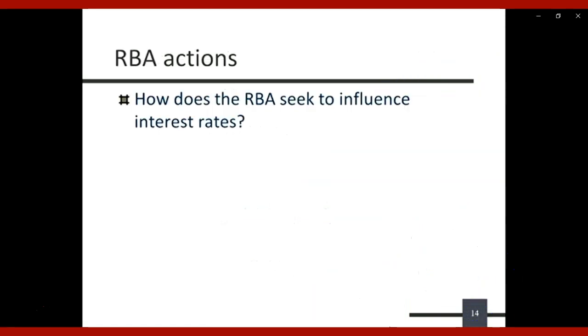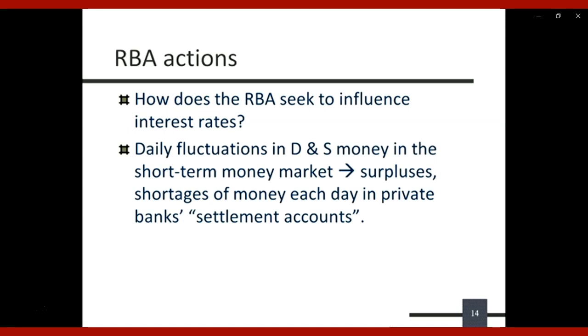So how does the Reserve Bank of Australia seek to influence interest rates? How do they do it? There's daily fluctuations in the demand and supply for money in the short-term money market. Short-term money market's a 24-hour money market. Some days there'll be surpluses, some days there'll be shortages of money in private bank settlement accounts. Private banks borrow and lend off each other and off the Reserve Bank every day.